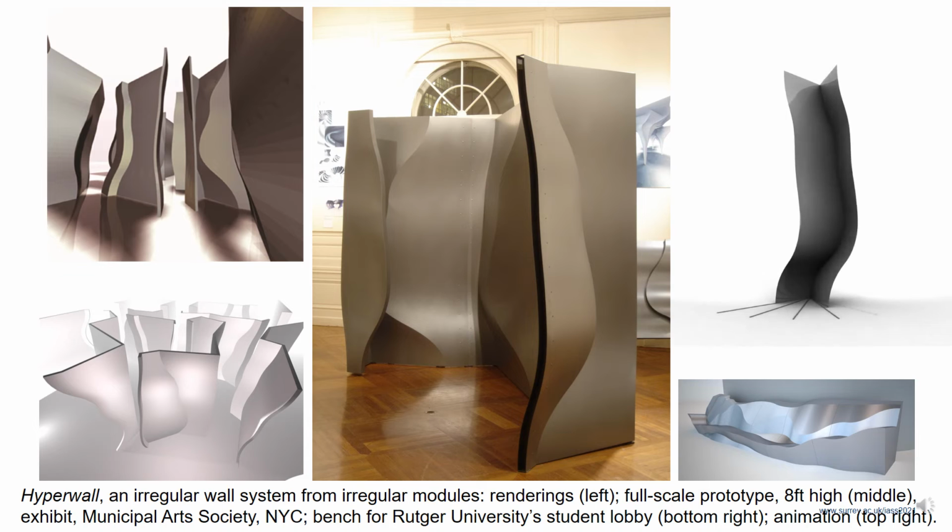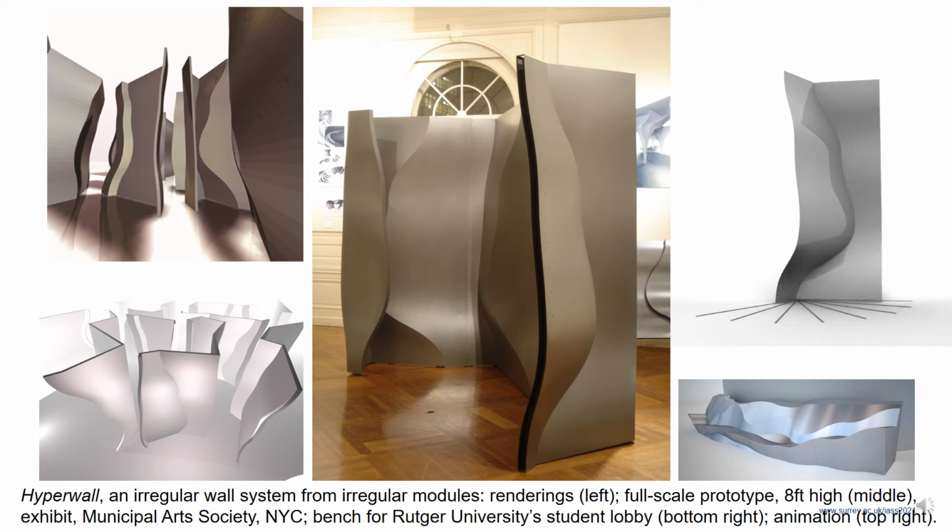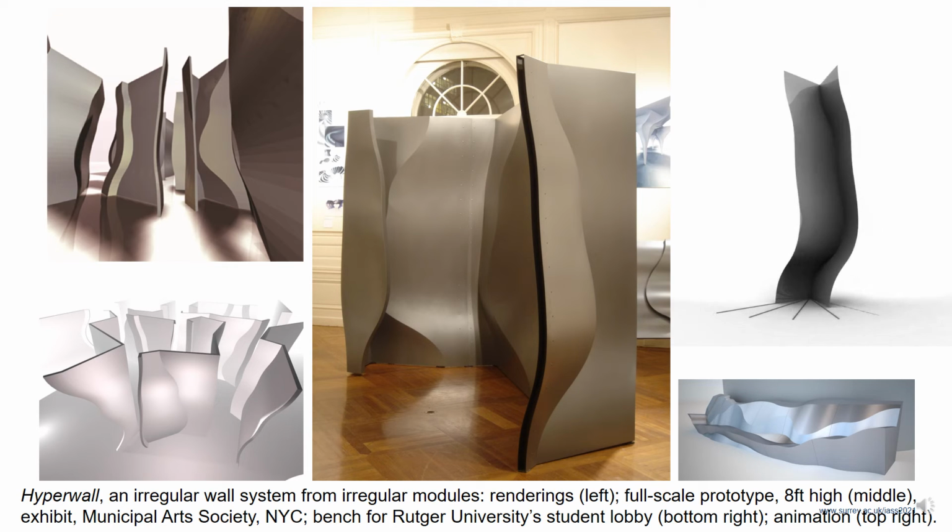And the last slide shows the irregular wall system we call hyperwall. It's a double wall curved folded panel system that can be used as modules. These modules fit together and you can keep making different compositions like the ones on the left, which is a walkthrough environment. One on the bottom right is an irregular bench for a student lobby in Rutgers.